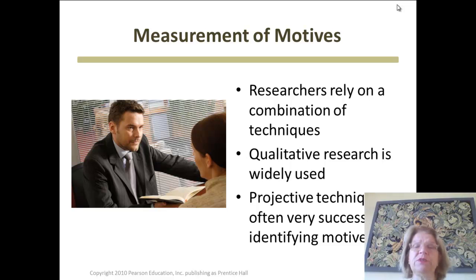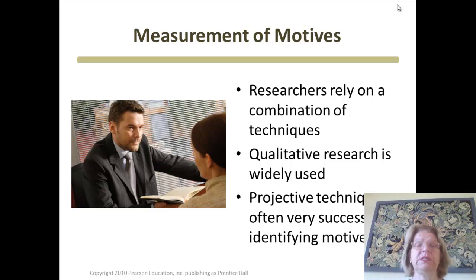Because consumers often cannot or will not express their motivation outright, researchers use qualitative research to uncover consumer motives. Many of these qualitative research techniques are called projective techniques because the consumer must project their subconscious or hidden motives onto another stimulus.